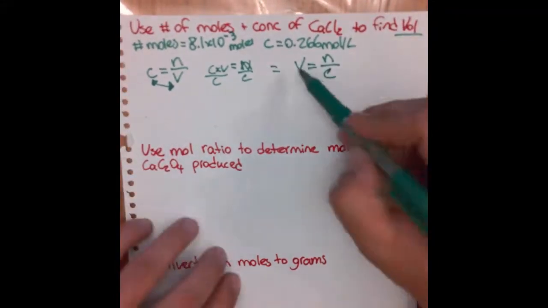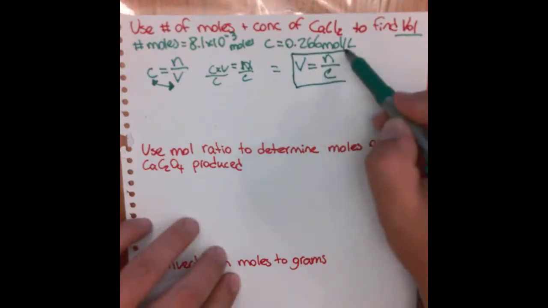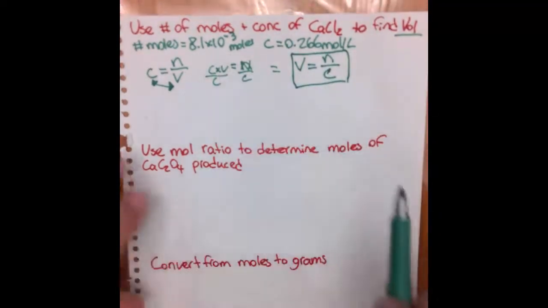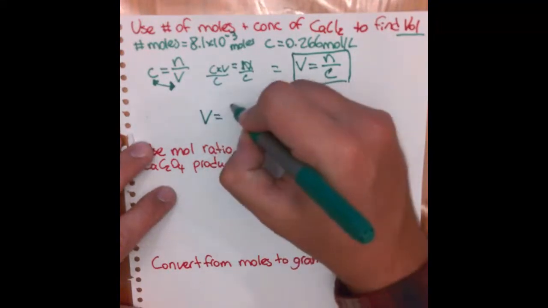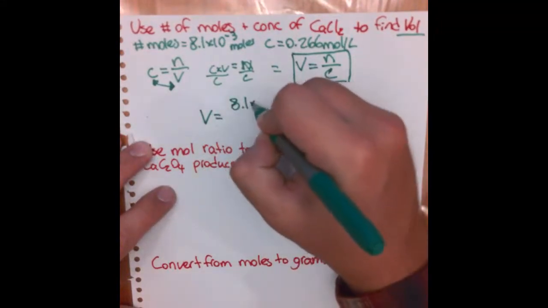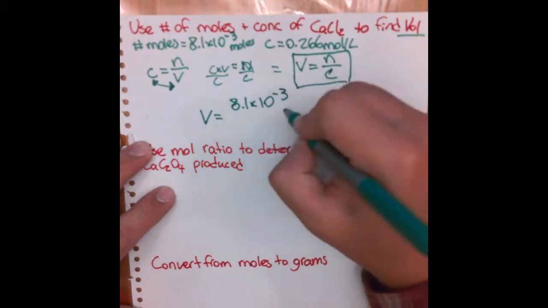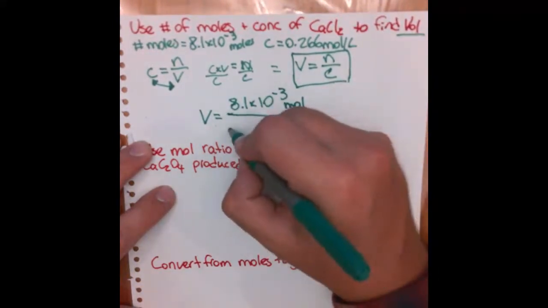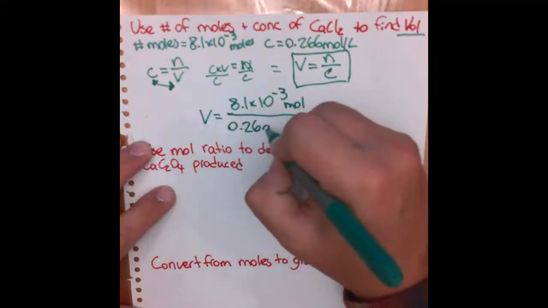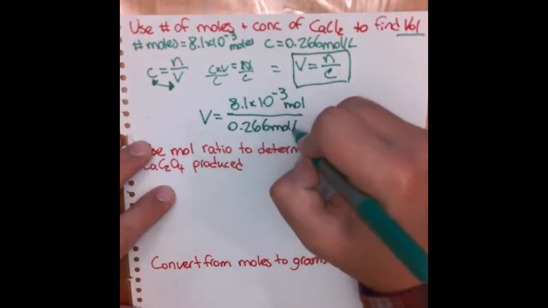Using this, I can just sub in my values. My volume is going to equal 8.1 times 10 to the negative 3 moles over 0.266 moles per liter.